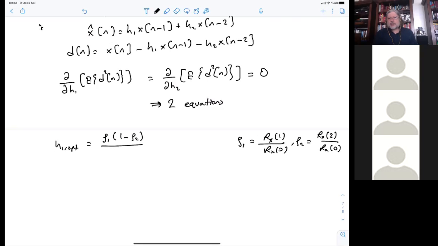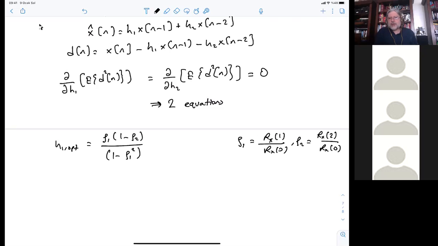So by dividing with Rx 0, it's just like a normalization, making the variance equal to 1, because I am dividing everything by the variance, sigma x squared. So the correlation coefficients are between -1 and +1 always. 1 minus rho 1 square.